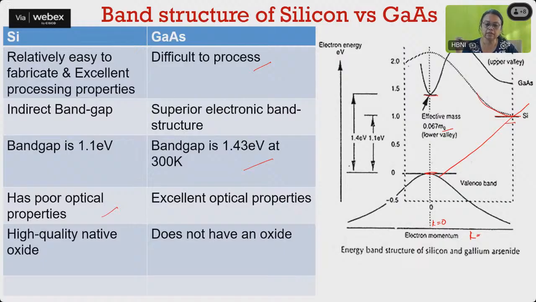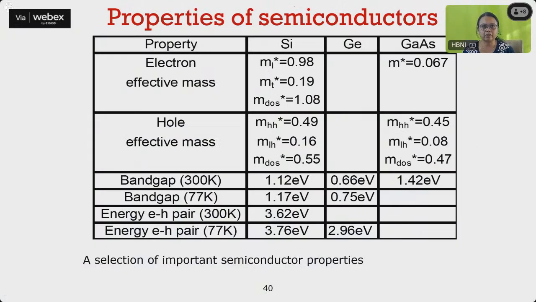But still silicon is prevailing in the industry mainly because of the high quality native oxide, that is SiO2. SiO2 is very stable. It forms on the surface of the silicon and stays like that, so that it prevents any deterioration of the device which is underneath. Gallium arsenide does not have this kind of oxide.